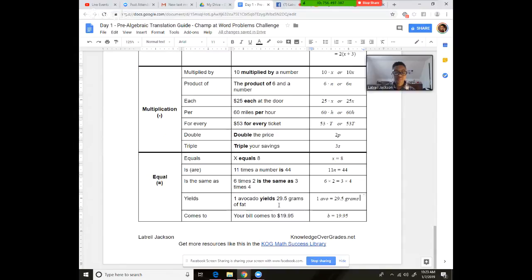Some of these words we don't really use, but some of them we will see in a word problem or in a document that we have to understand. So it's good to know the math language and how it translates back and forth between verbal and algebraic. If you have any questions, please leave them below.